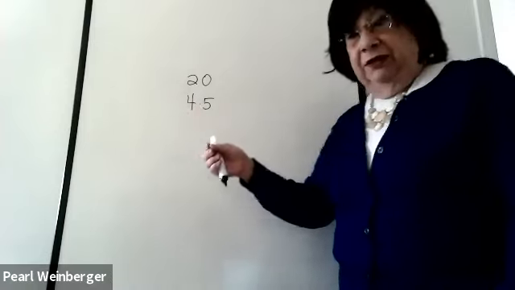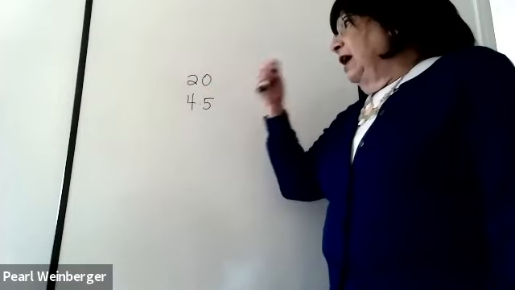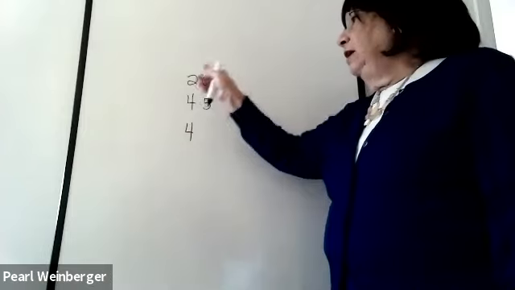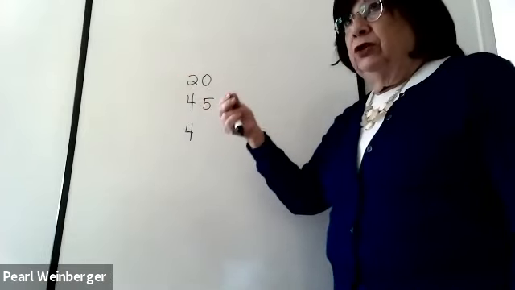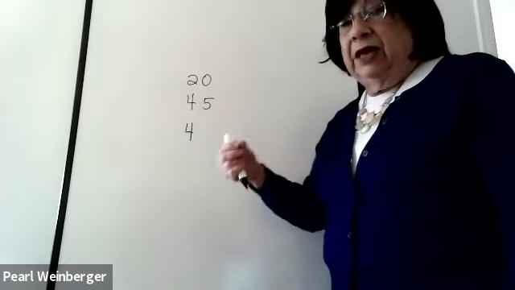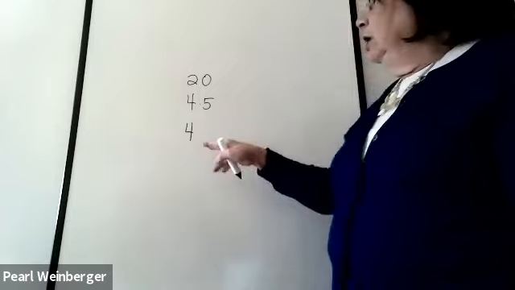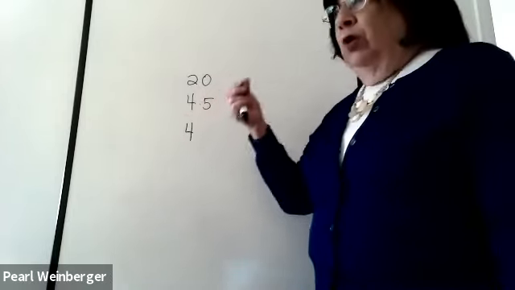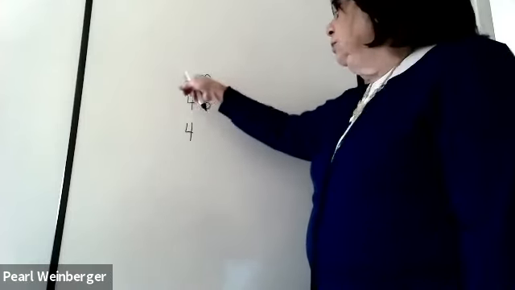You could break this down. But let's say I figured out that one of my factors is 4. I know that 20 has a factor of 4. That means that when I divide 20 by 4, I will get a whole number answer. 4 is one of the factors of 20. Once you know one of the factors, you can figure out the other factors simply by dividing.